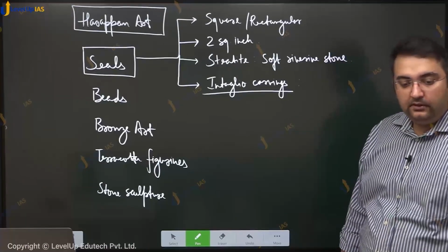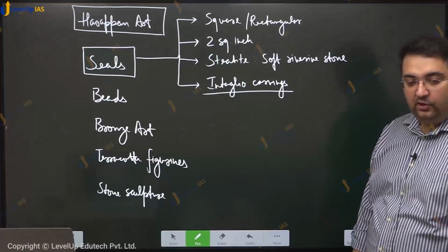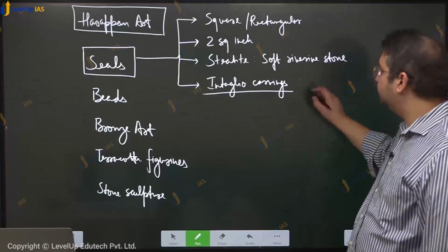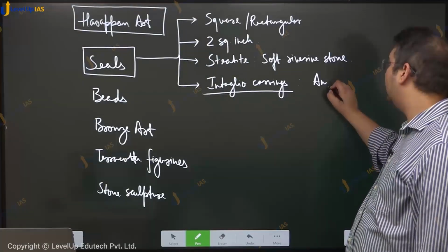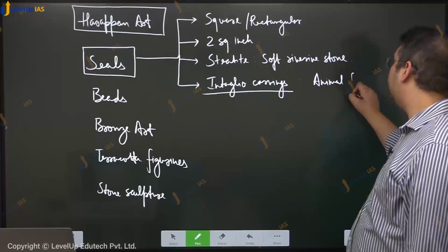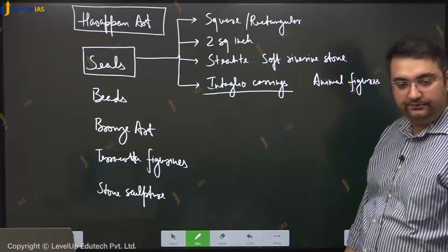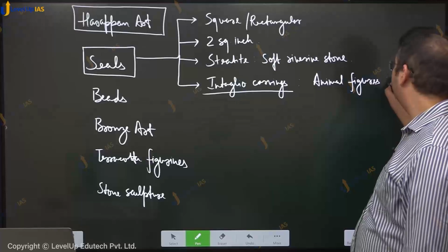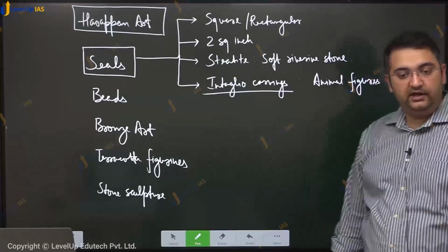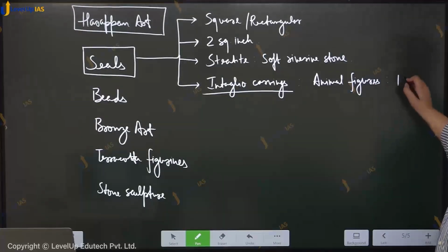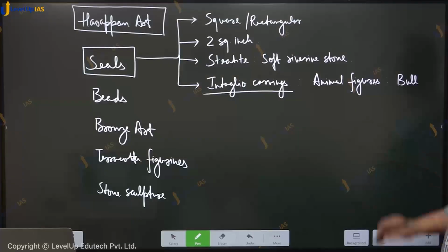What do we find on these intaglio carvings? Animal figures we find, right? The most prominent, most frequently found animal is the bull.